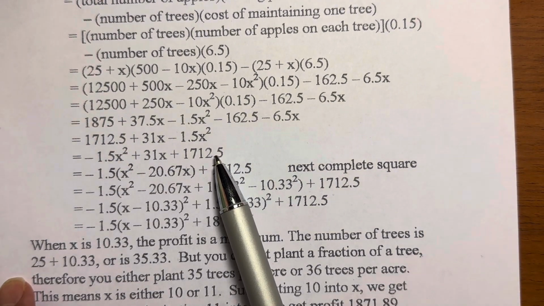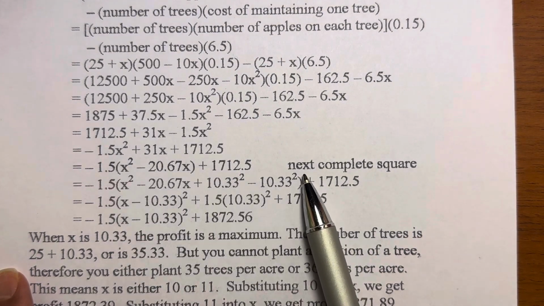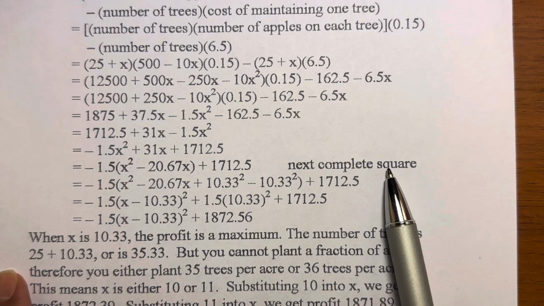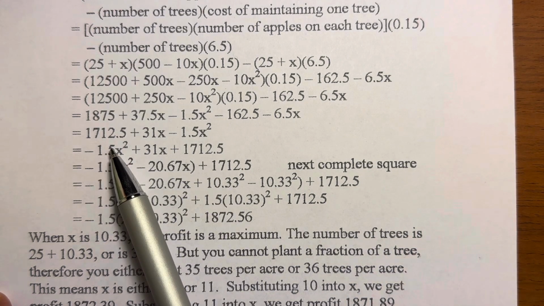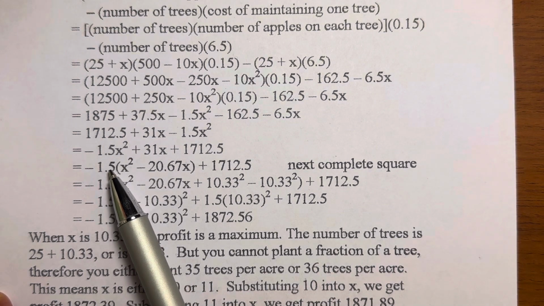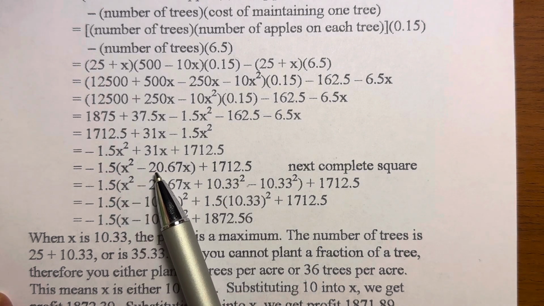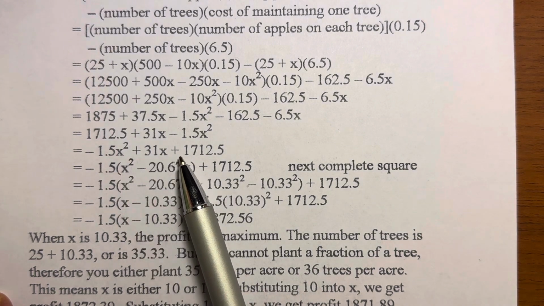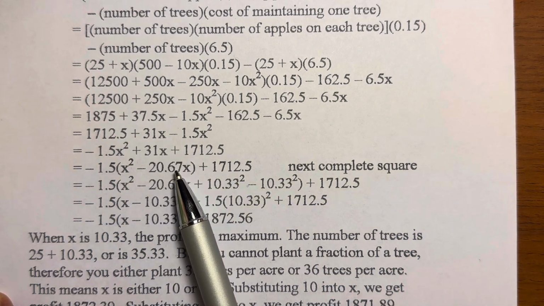How do I find the maximum of a quadratic function? Do completing the square. So I do completing the square, factor out the coefficient before the x squared term. I have this. To complete the square inside the brackets, I need to add half of this squared and subtract half of this squared.